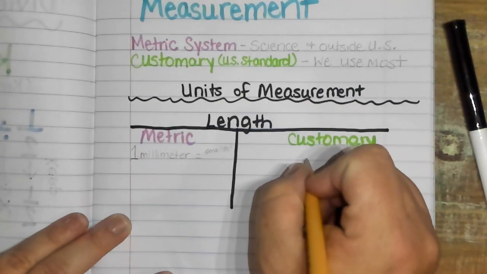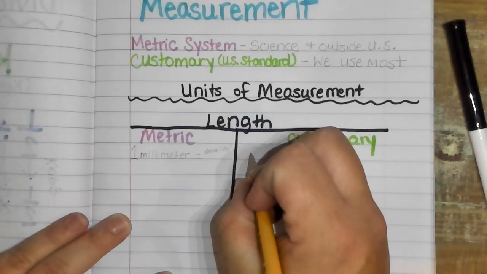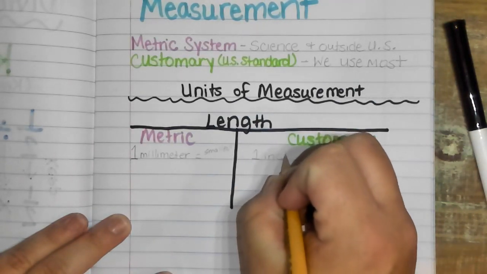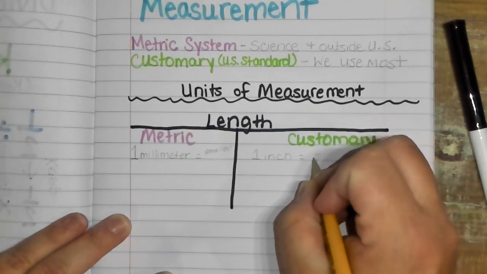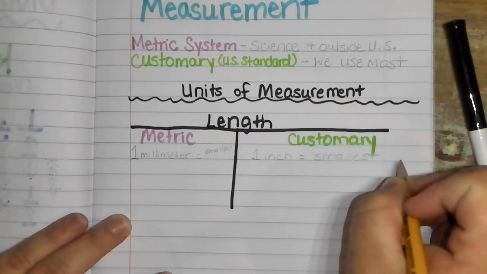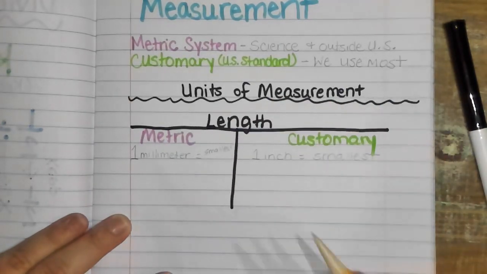And over here on the customary side, our smallest is an inch when we're measuring length. So we have 1 inch, and that is our smallest unit.